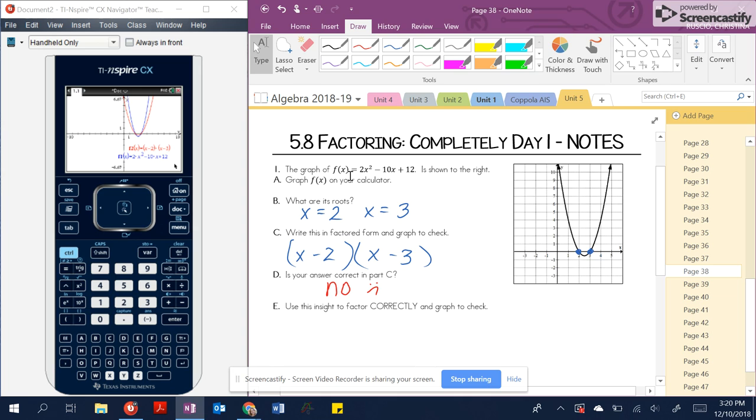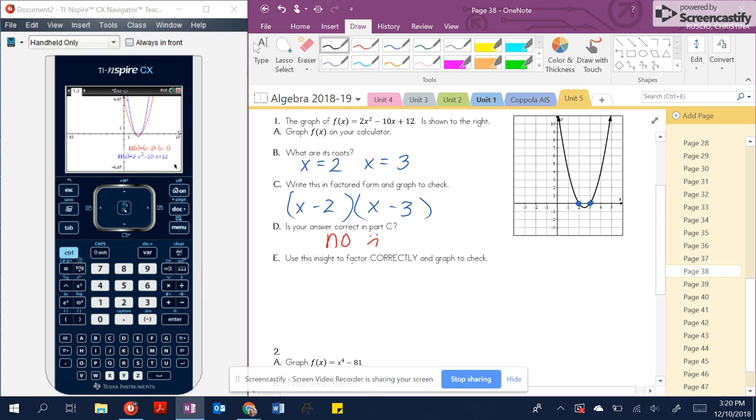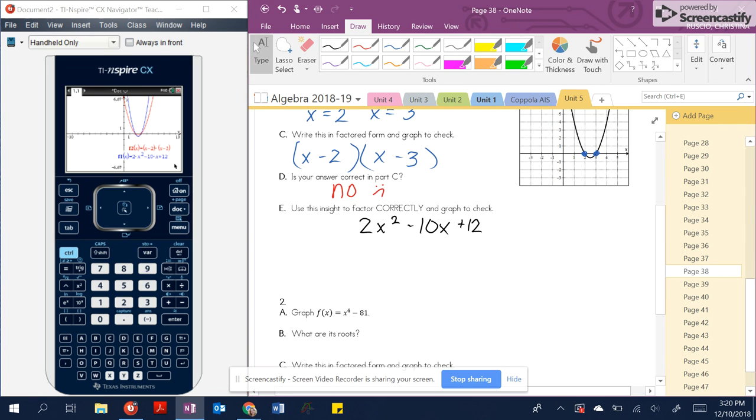Well, because we know more now on how to factor, meaning we have two different ways that we can factor. So I'm going to copy and paste the 2x squared minus 10x plus 12. And let's think here. The first thing that we ever did when we wanted to factor was we pulled out a GCF.